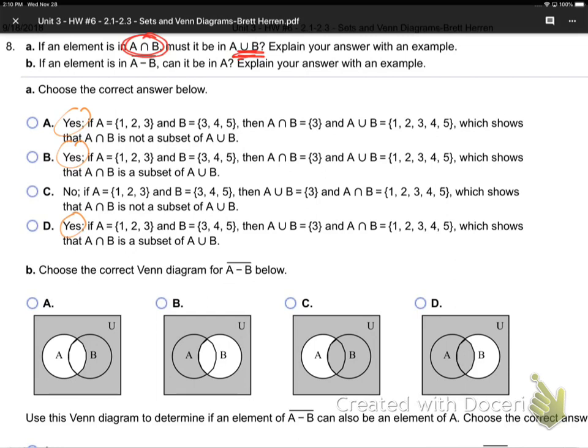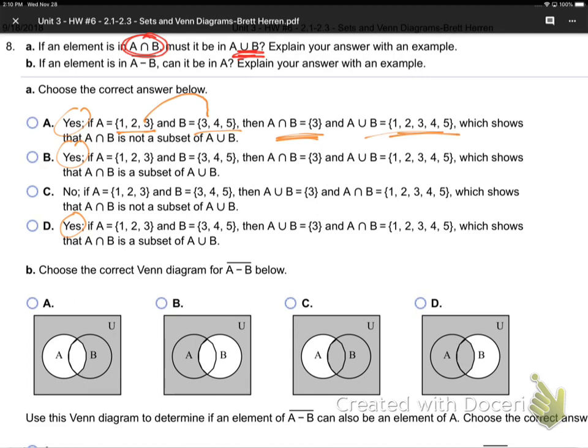It says, for example, if A is 1, 2, 3, and B is 3, 4, 5. So they're making up some examples now. Then the overlap, what's in both sets, is item number 3. Is that true? Yeah, that's right, because item number 3 is in both sets.